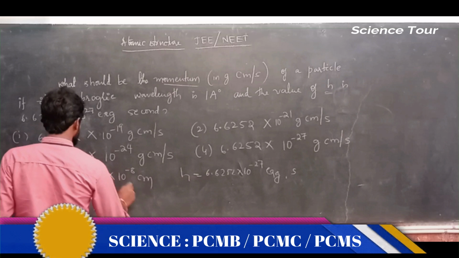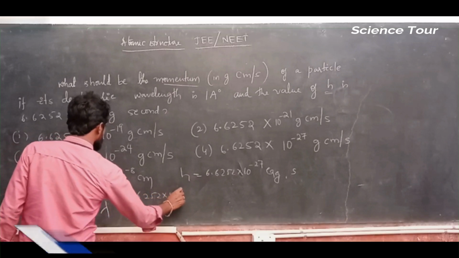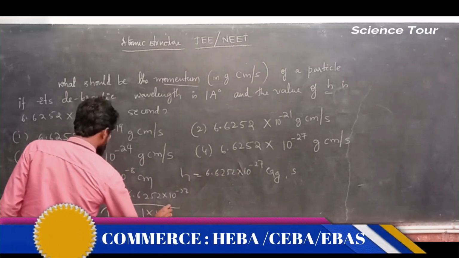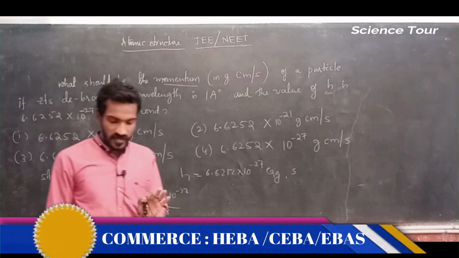In this one, 6.6252 into 10 to the power minus 27 divided by 1 into 10 to the power minus 8.